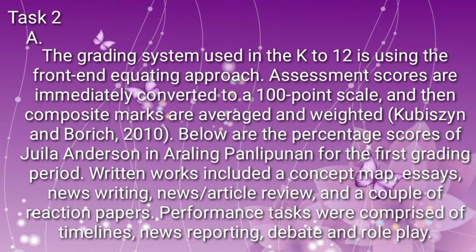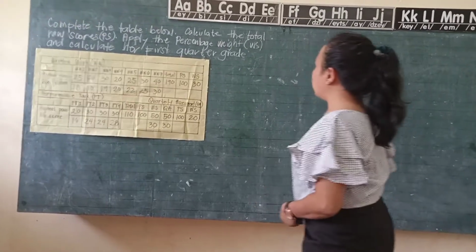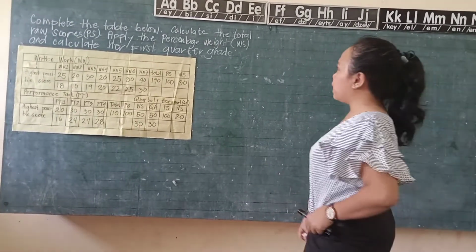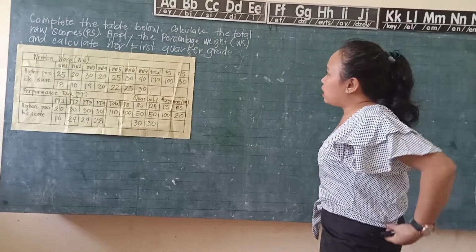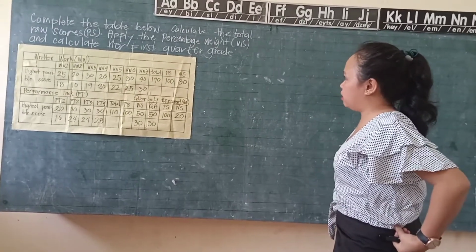Written works included a concept map, essays, news writing, news or article review, and a couple of reaction papers. Performance tasks comprised timelines, news reporting, debate, and role play. Complete the table below, calculate the raw score, apply the percentage weight, and calculate her first quarter grade.